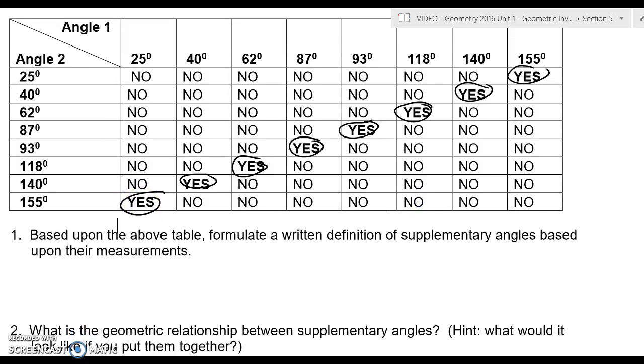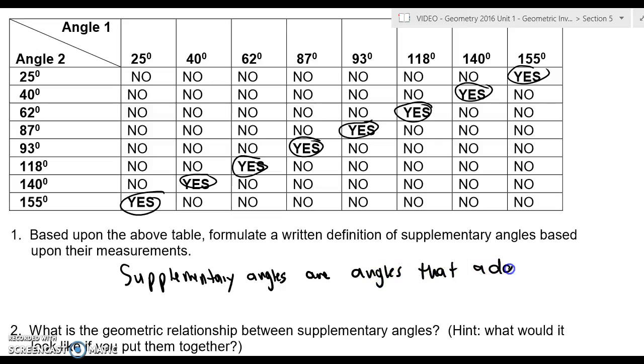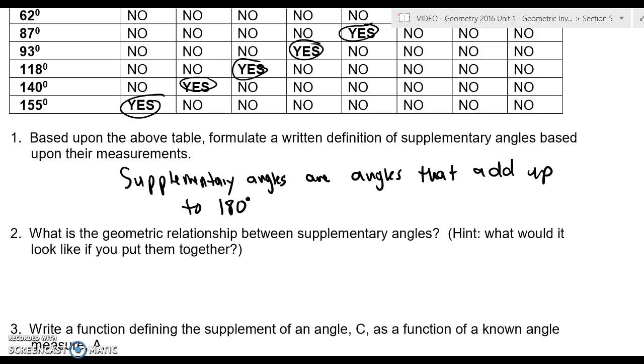So based upon that, my definition of supplementary is going to be supplementary angles are angles that add up to 180 degrees.